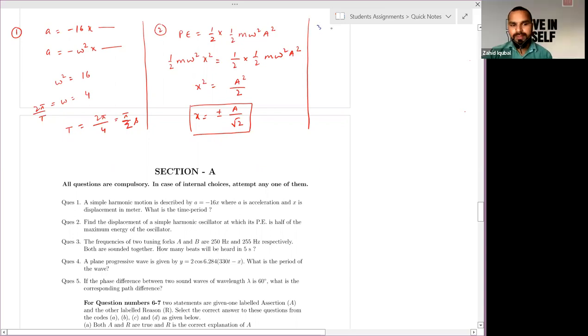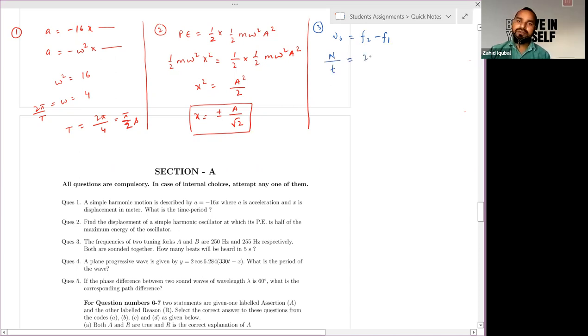Third question: the frequencies of tuning forks A and B are 250 and 255 hertz respectively. Both are sounded together. How many beats will be heard in 5 seconds? According to the formula, beat frequency is the difference of the frequencies of the two waves, so it is F2 minus F1. Beat frequency is also equal to the number of beats produced divided by time taken.